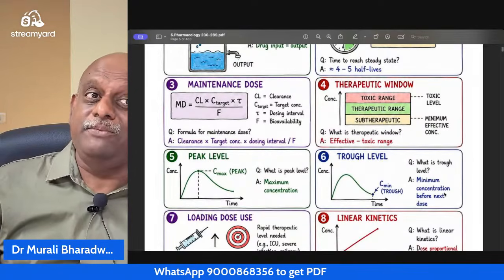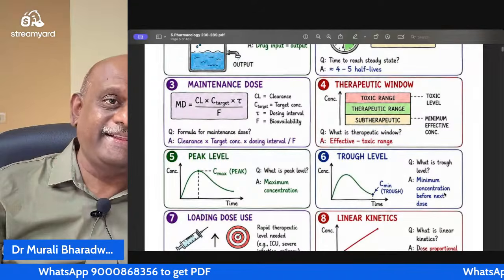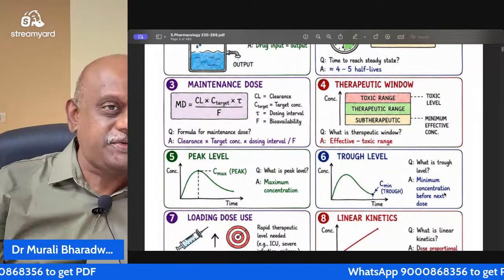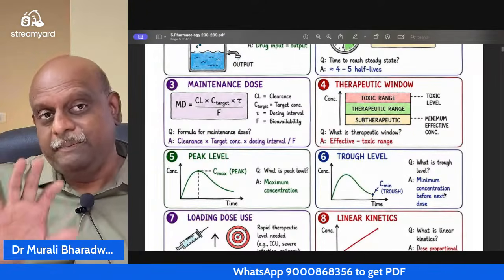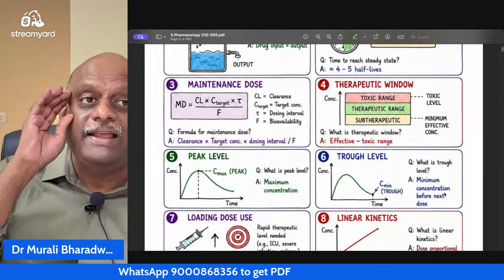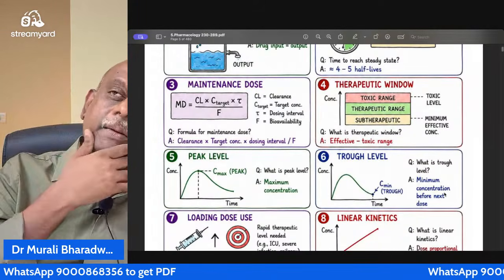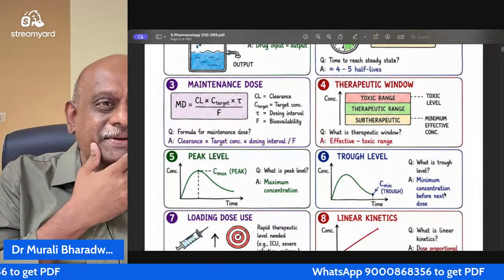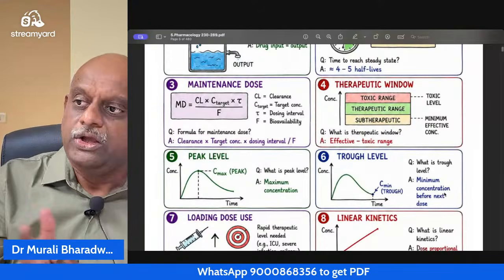But by the time we come to final year, we know how to pass exams just like that. We know what the university examiner will ask, what questions to read. Same principle even for PG entrance, NEET PG also. You should know what is there in the examiner's question bank. If you go to the exam hall and make a surprised face at maintenance dose, loading dose, you lost the game. That's the point.